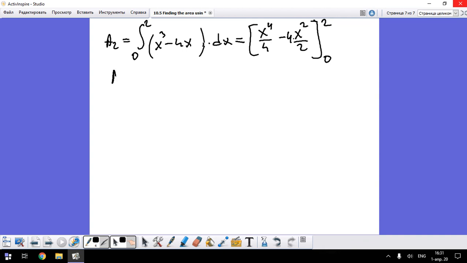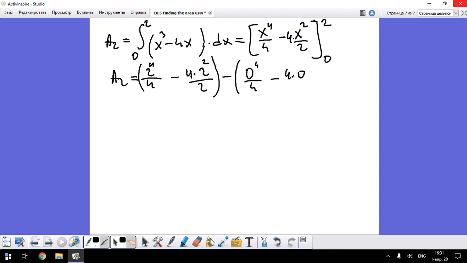Now let's continue. Area 2 will be x over the 2. We don't need to write x again. Let's substitute 2 to the power of 4 divided by 4 minus 4 multiplied by 2 squared divided by 2, and minus again 0 to the power of 4 divided by 4 minus 4 multiplied by 0 squared divided by 2.